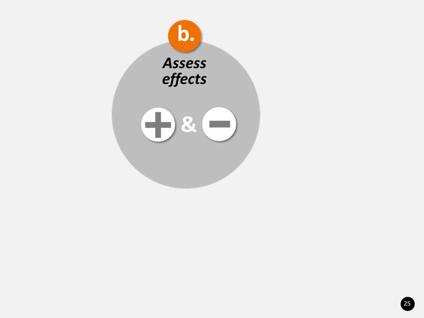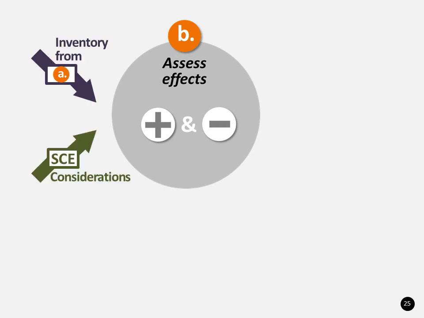Task B, Assess Effects, is informed by the community inventory prepared in Task A and guidance from the department's SCE considerations. From this information, we examine the relationship between the project's physical characteristics and the community context to identify and assess potential relocation effects. Both positive and negative effects are assessed.